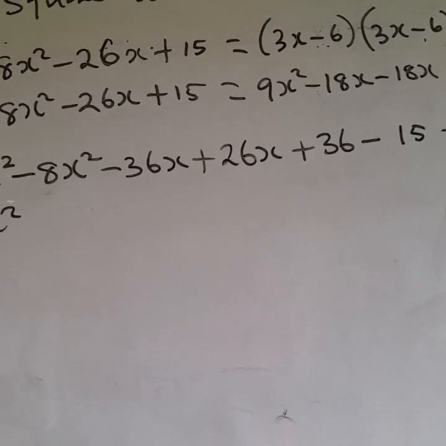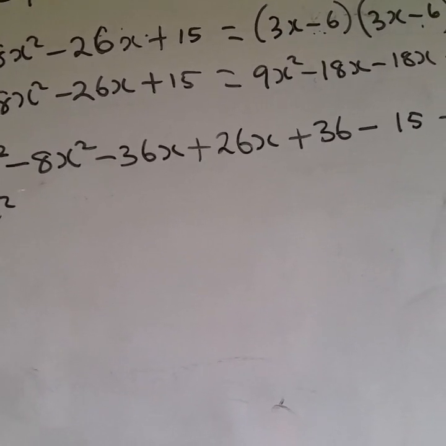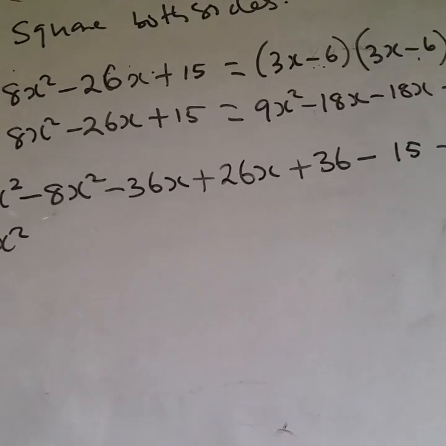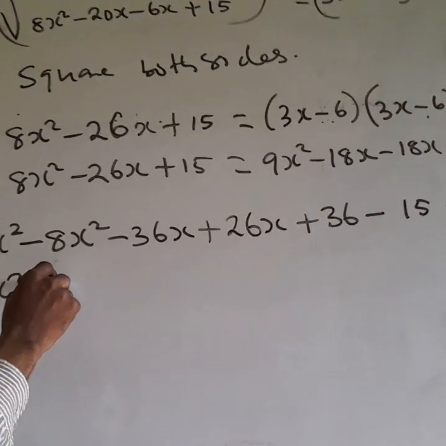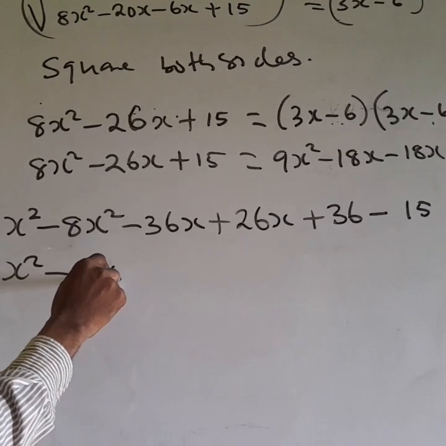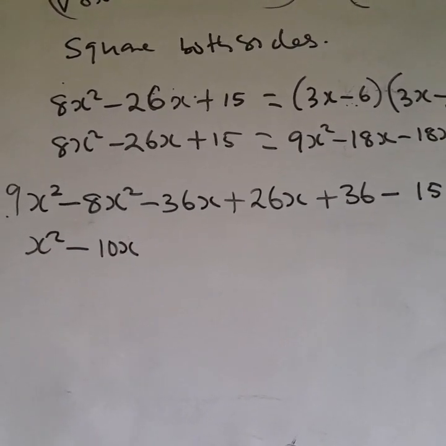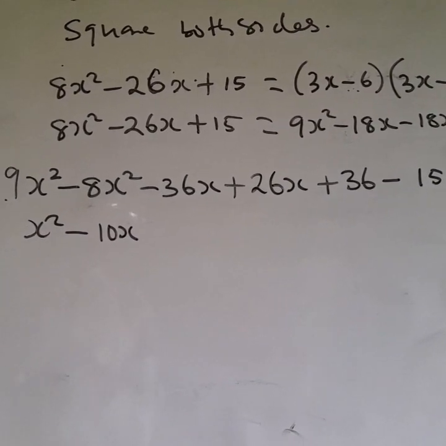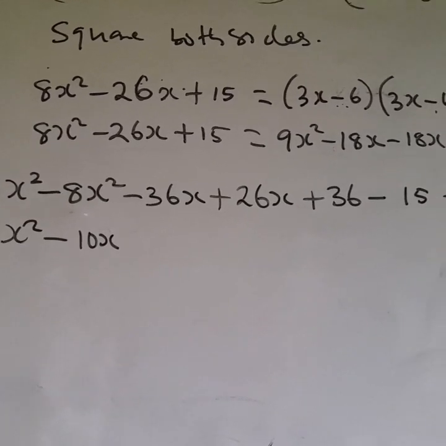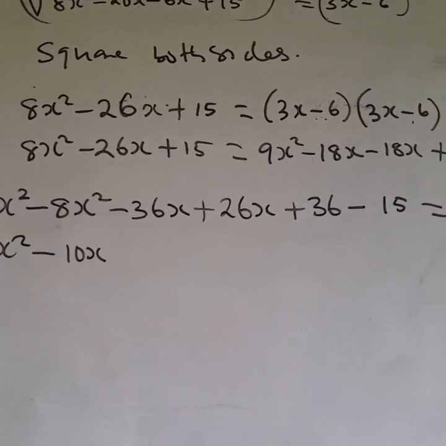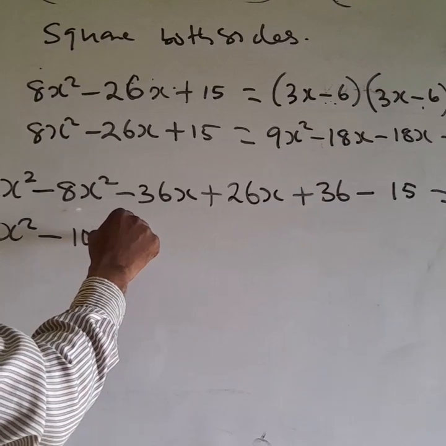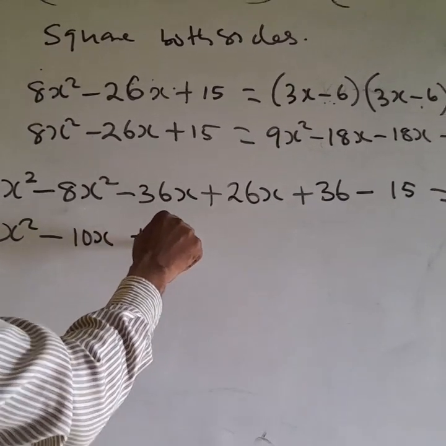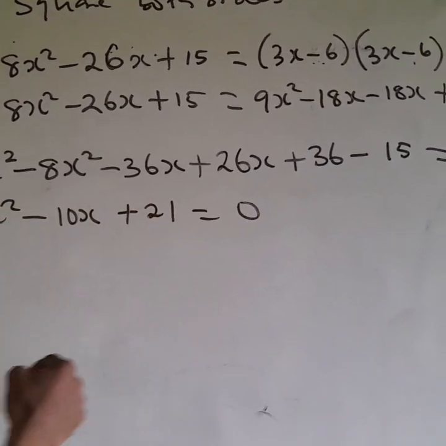Minus 36x plus 26x will give us minus 10x. 36 minus 15 will give us plus 21, equal to 0.